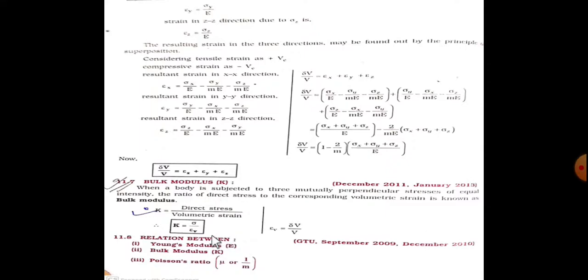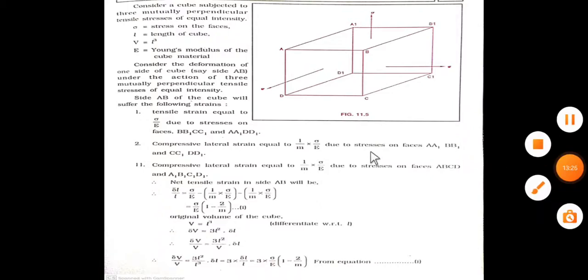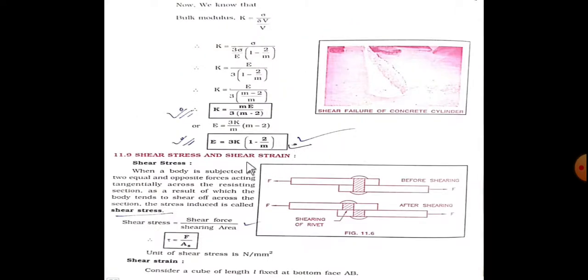From these three we can derive an equation, and we have to memorize that equation. How can we calculate that equation? There is no need to remember all the things. We must memorize only that equation, and that equation is E is equal to 3K into 1 minus 2 upon m.